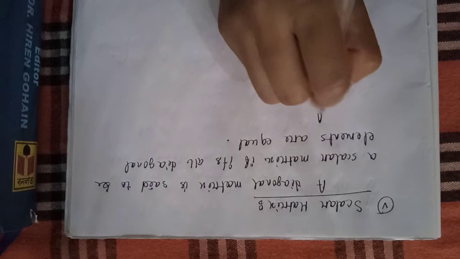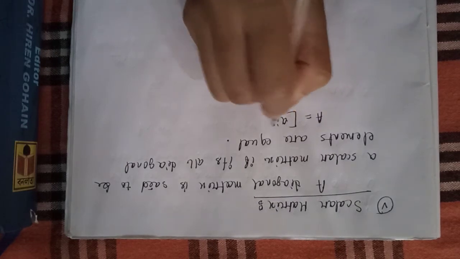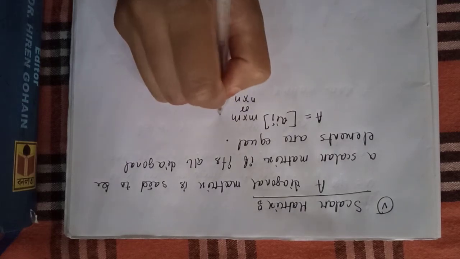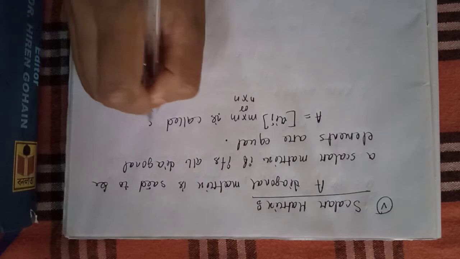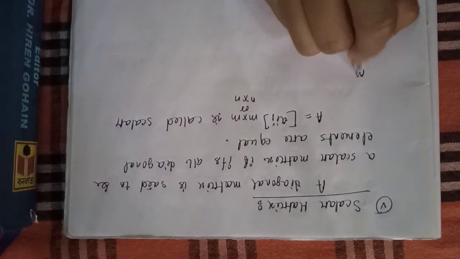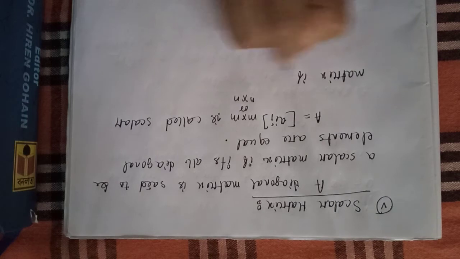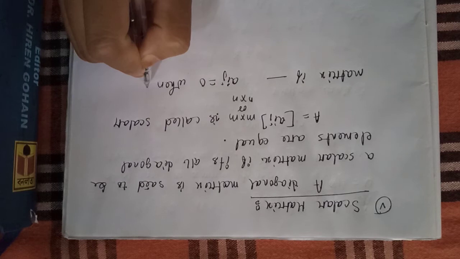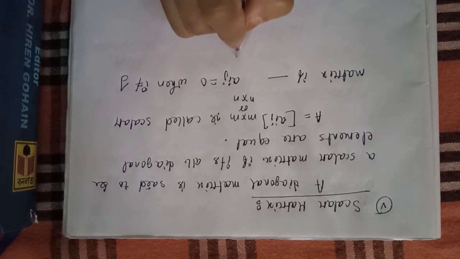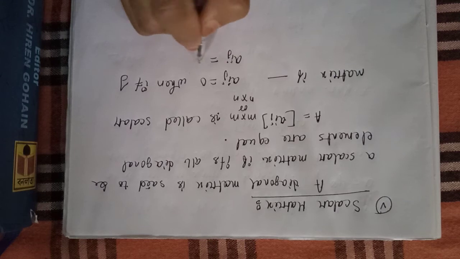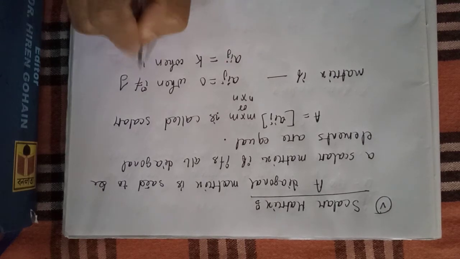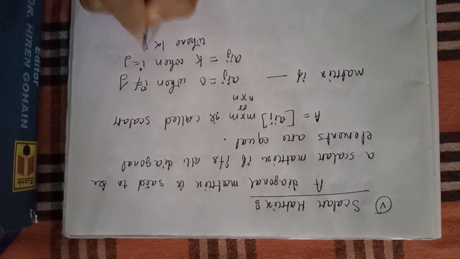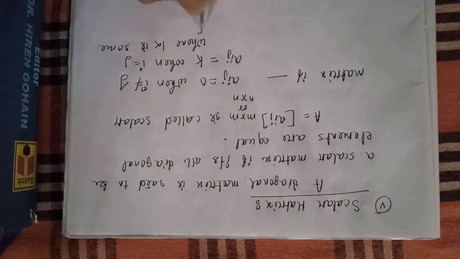That is, a matrix A equal to Aij of order m by n is called a scalar matrix if Aij equal to 0 when i is not equal to j and Aij equal to k when i equal to j, where k is some constant.